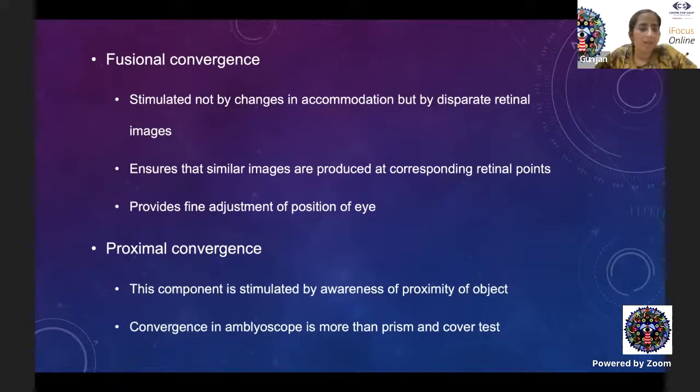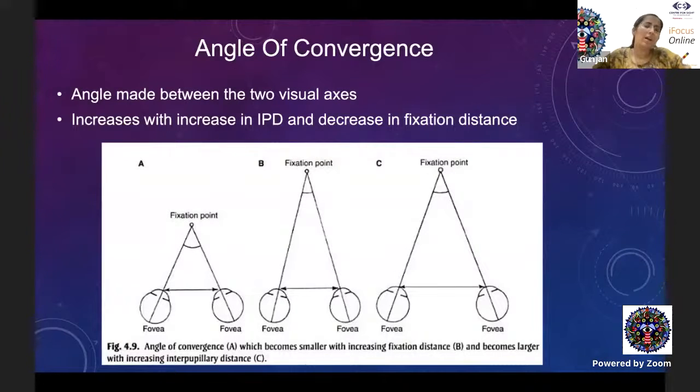Whereas proximal convergence is the one which occurs because of the awareness of proximity of the object. So whenever you feel like an object is approaching you or coming close to you, proximal convergence starts acting. And that is one of the reasons why convergence in the amblyoscope is more as compared to the prisms and cover test.